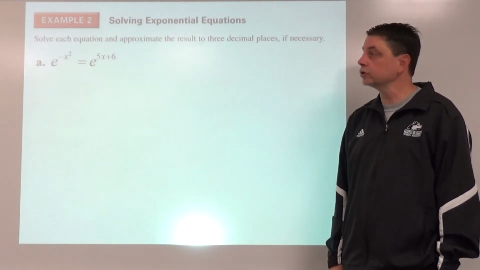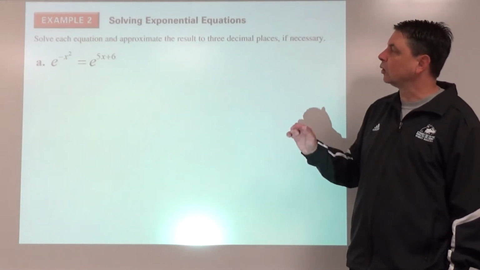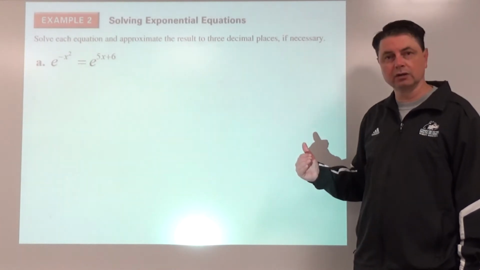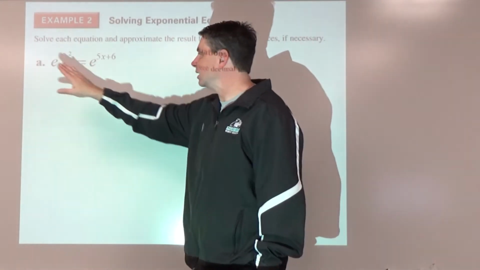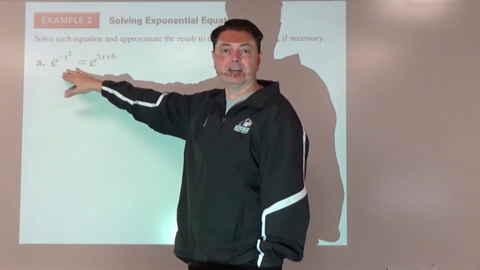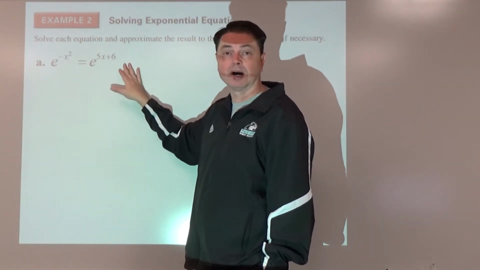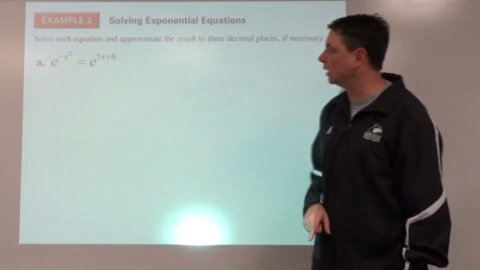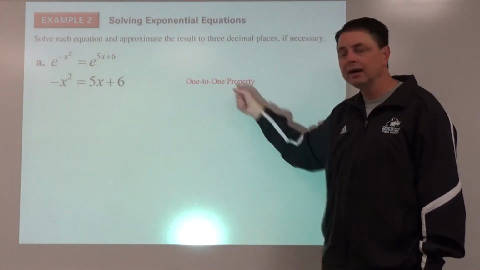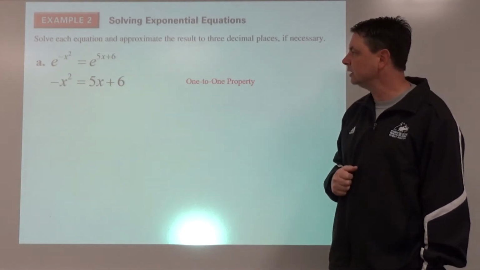All right, example number 1. e to a power equals e to a power. So we can use the one-to-one property, which says if e to the power of x equals e to the power of y, then x equals y. So in this case, exponent has to equal exponent, so we can start that way. That's the one-to-one property.